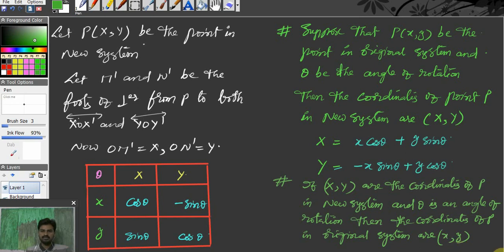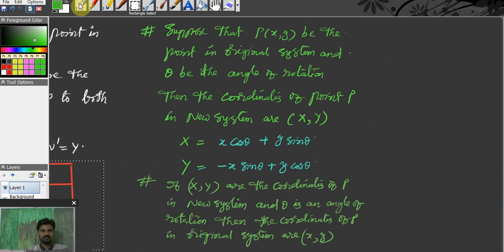How do we find small x and small y here?